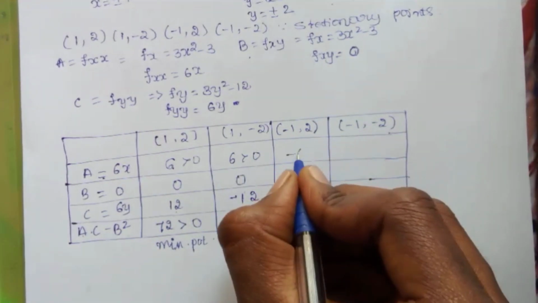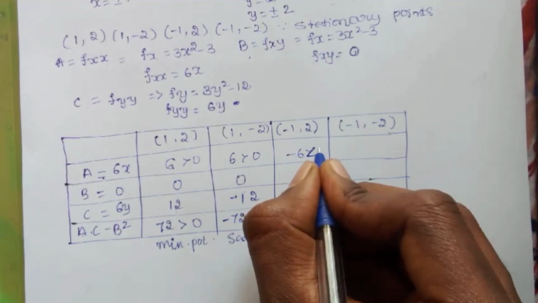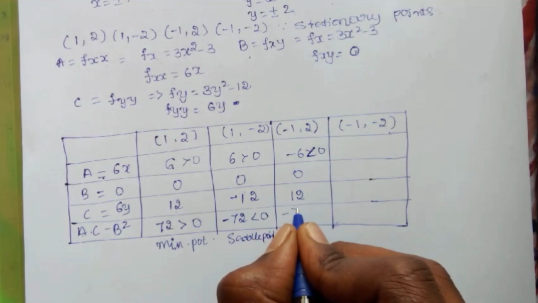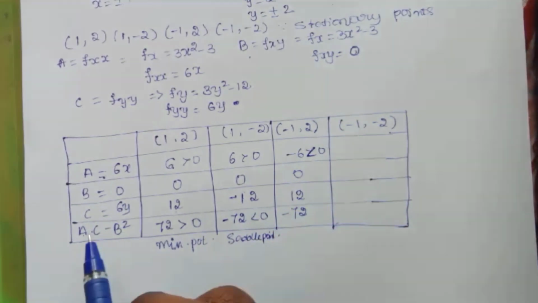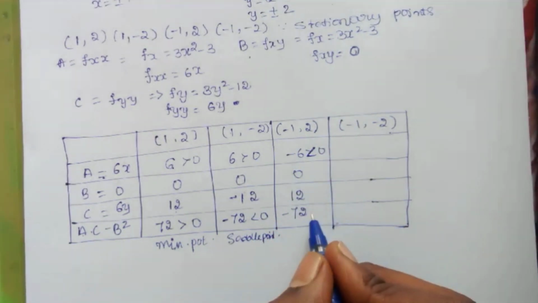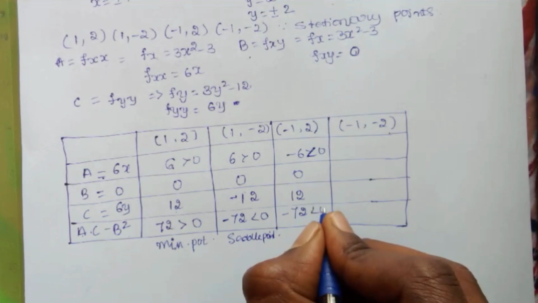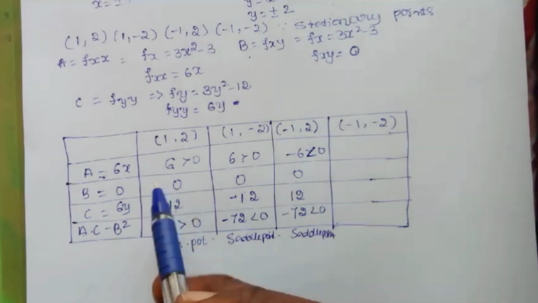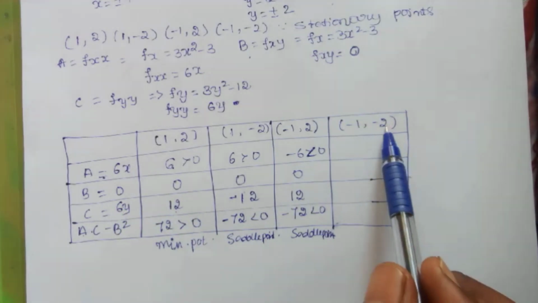We get minus 6, which is less than 0, and b is 0. C is 12. Here ac minus b square gives minus 72, which is also less than 0, so we consider this a saddle point. Now in the place of x we apply minus 1, in the place of y we apply minus 2.